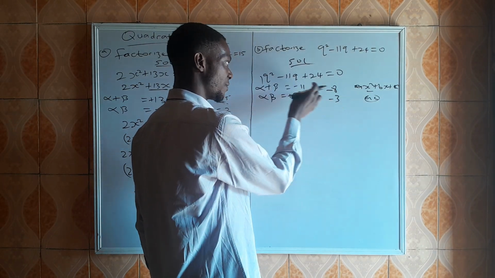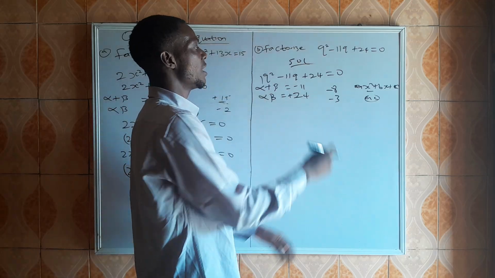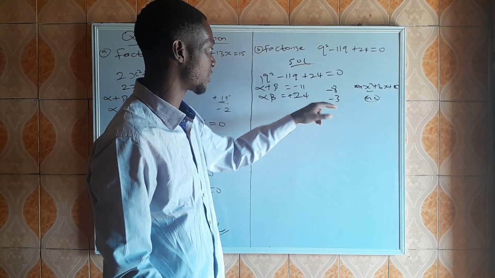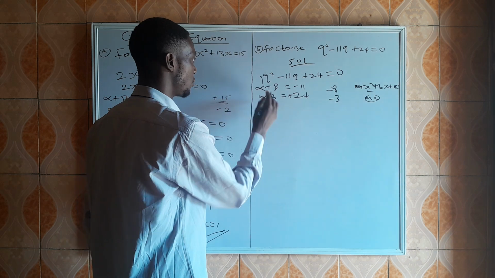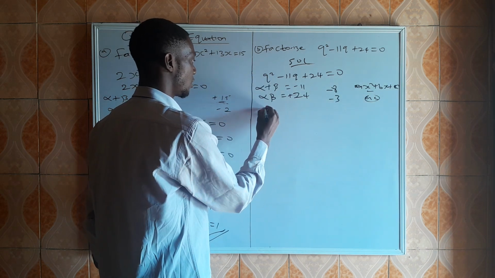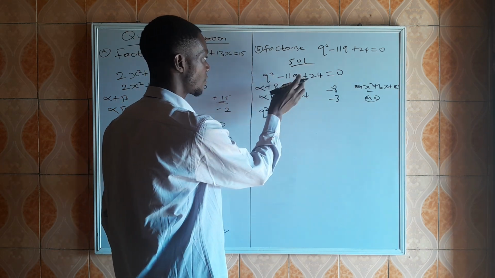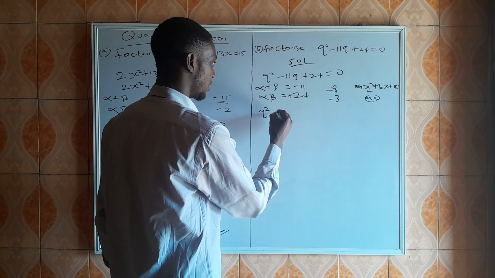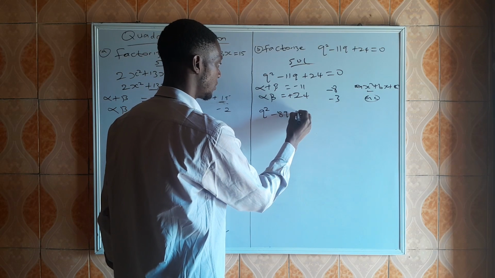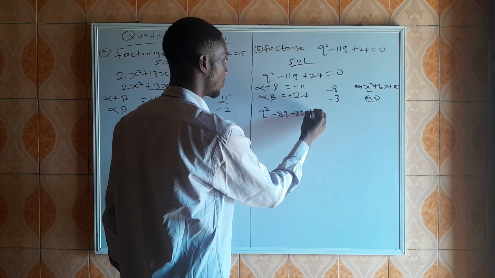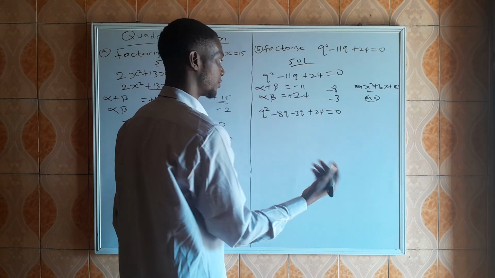Minus 8 minus 3 will give you minus 11, and minus 8 multiplied by minus 3 will give you plus 24. So you come back here. That will be q squared minus 8q minus 3q plus 24 equal to 0.